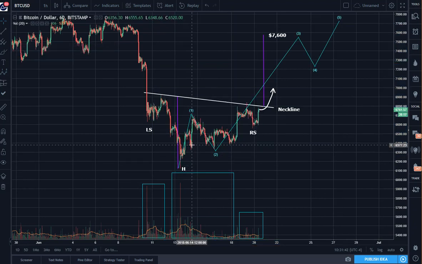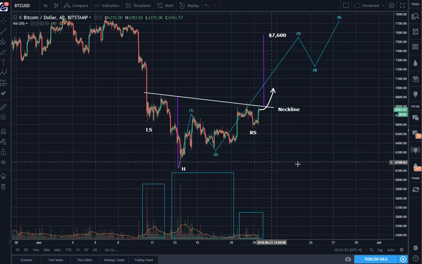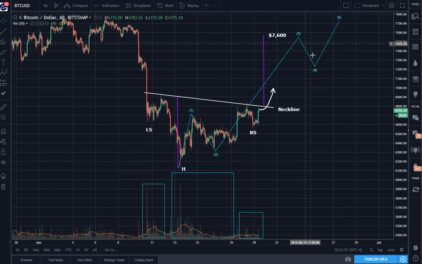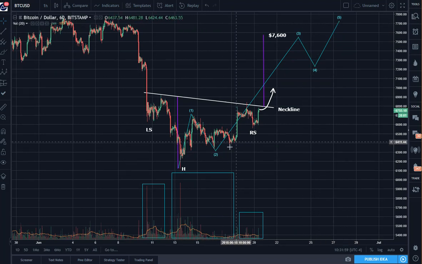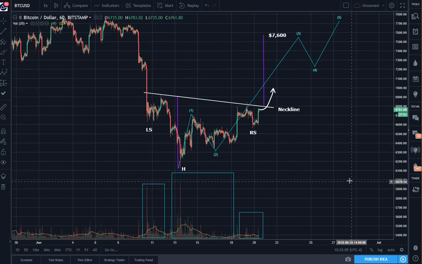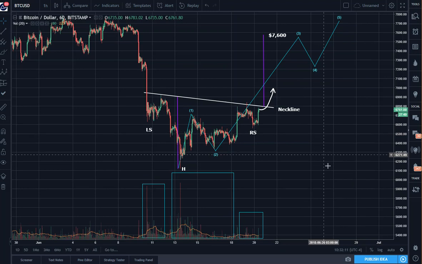I had said before that if this is going to be a trend reversal event of some kind, then we need to see a darn good impulse sequence upwards. And this 7,600 probably will be wave 3. Quite befitting for that target for wave 3. So I wanted to share this with you.